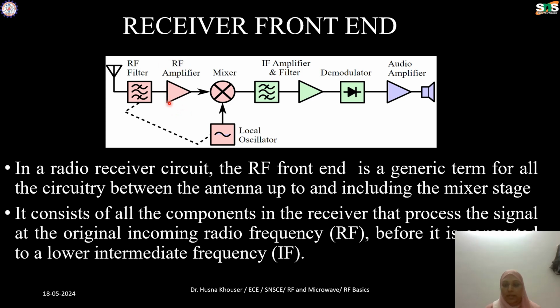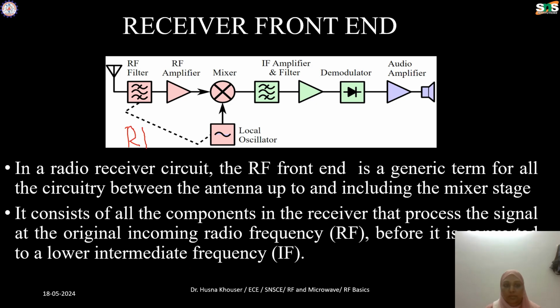After the filter it will amplify the signal, and after the amplifier we go to the mixer where we combine the high frequency signal generated by the local oscillator. Whatever is in the pink, up to here, we call the RF system, the RF front end.